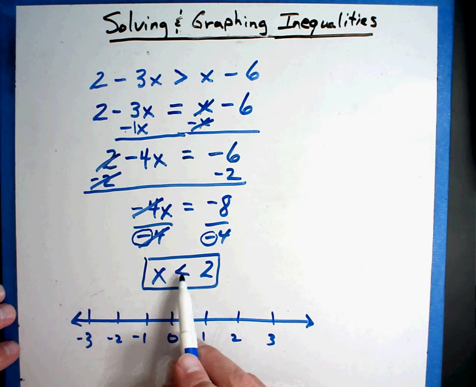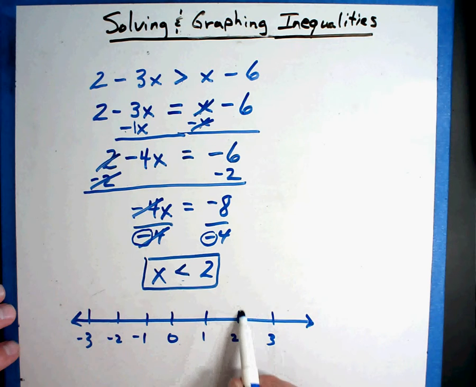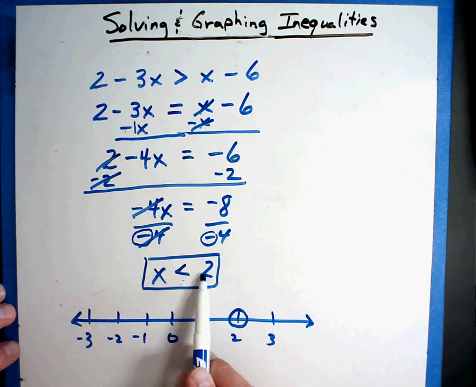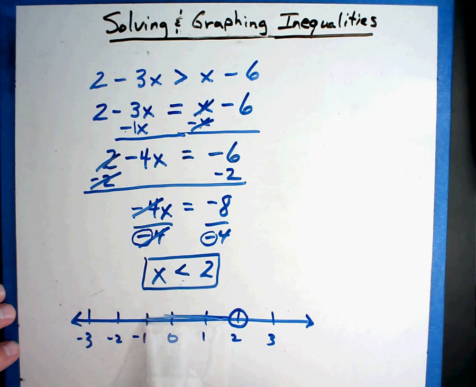And it says, okay, it's open, but there's no equal sign there. So it's an open hole. And it's everything less. X is going to be less than 2. Well, number 1 is less than 2. Okay. So it's all of this. There's my answer. I graphed everything to the left.